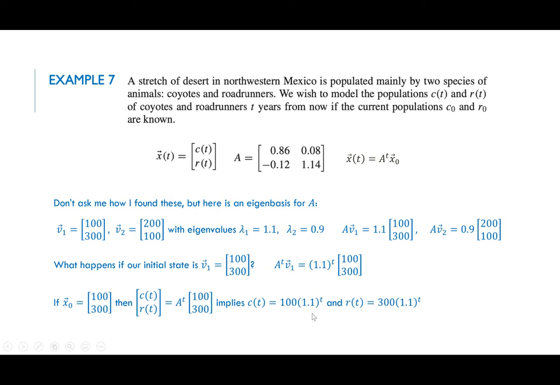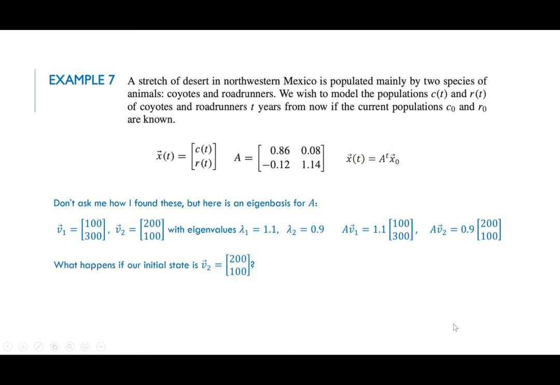So again, we have closed formulas for our coyote and roadrunner populations if we start with an eigenvector. And in this situation, this seems to be a happy balance, or ratio, of coyotes to roadrunners, because in this scenario, each population grows by 10% every year.